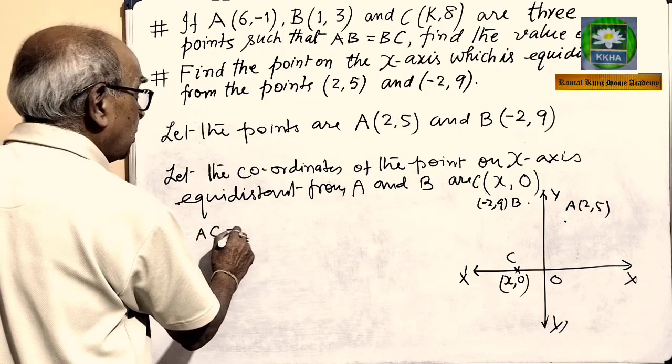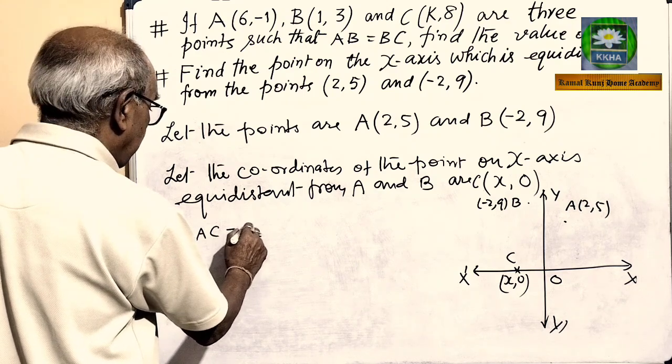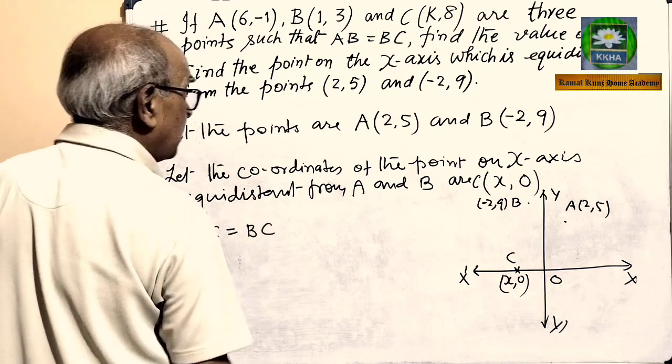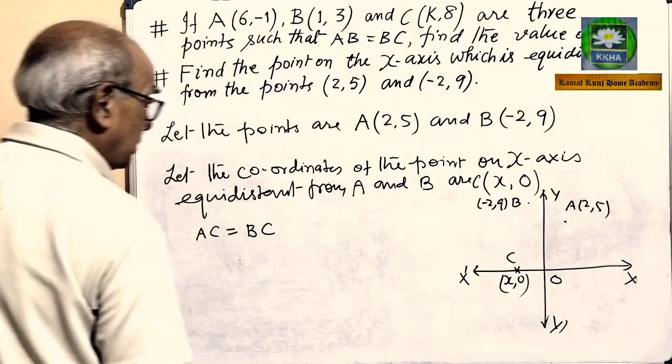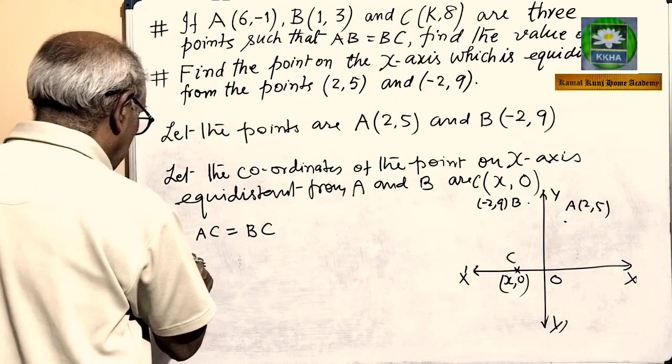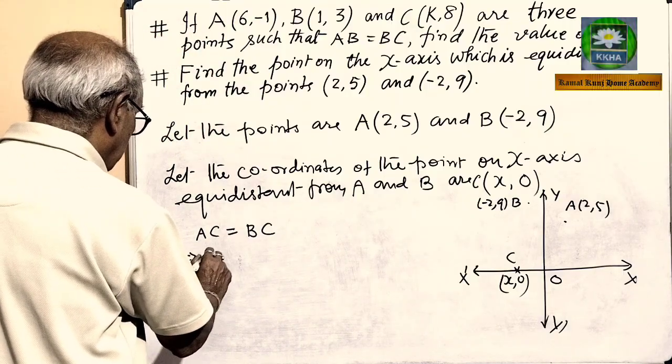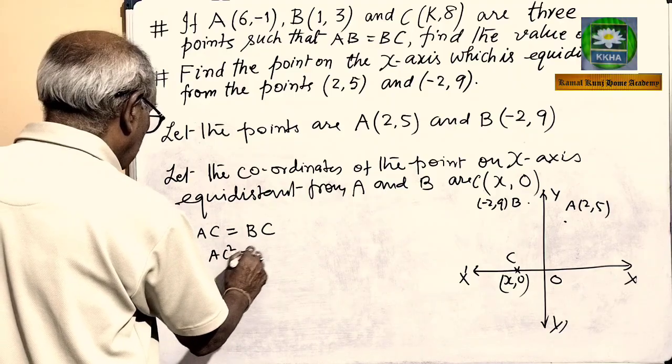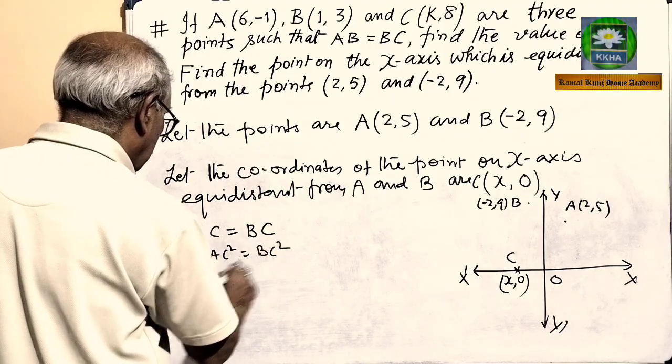AC is equal to BC. This implies that AC square equals BC square.